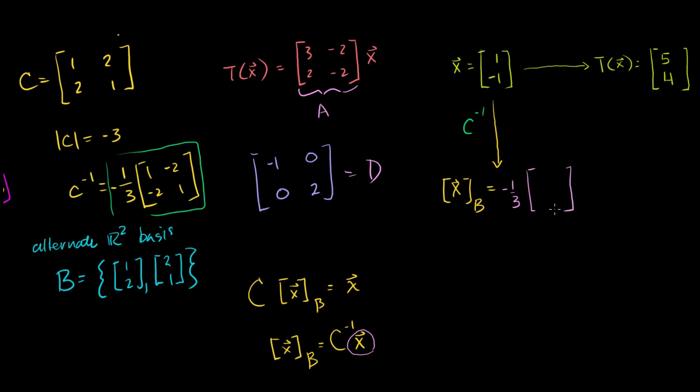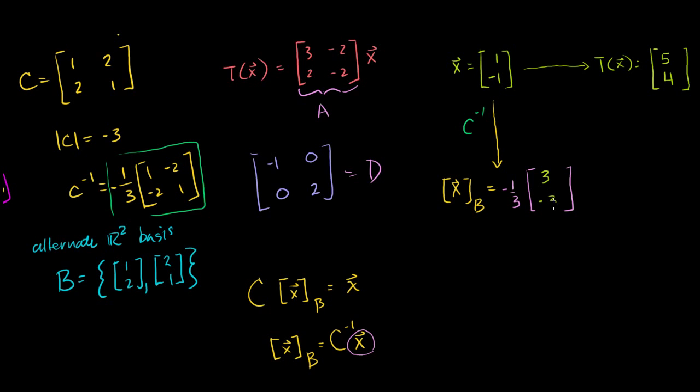Let's see if we can do this one in our head as well. So it's going to be 1 times 1 plus minus 2 times minus 1, which is just positive 2. So it's going to be 1 plus 2, which is equal to 3. And then it's minus 2 times 1, which is minus 2, plus 1 times minus 1, which is just minus 1. So it's minus 2 minus 1.